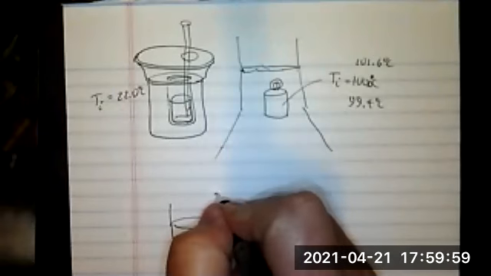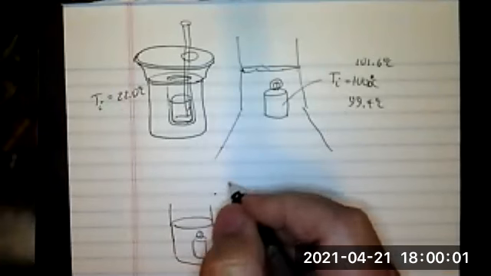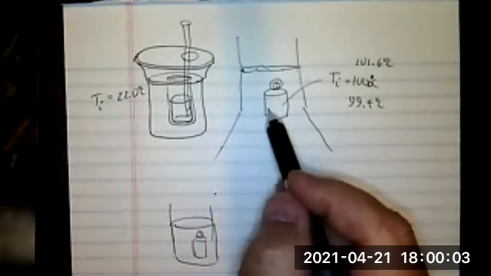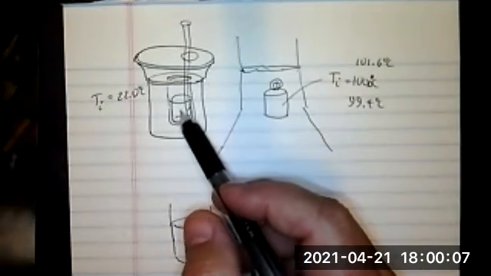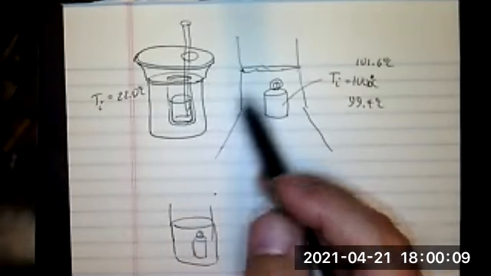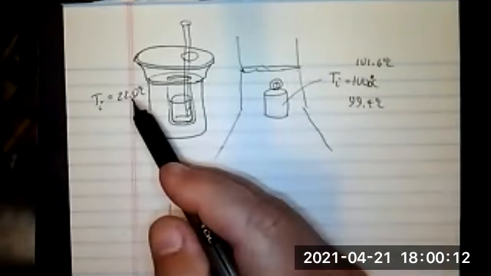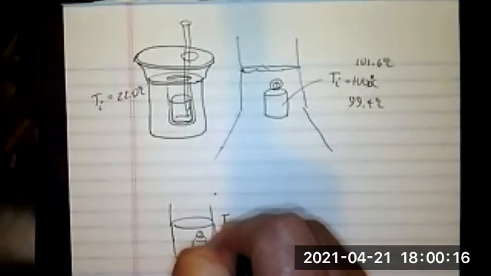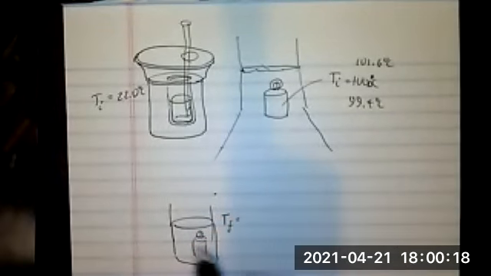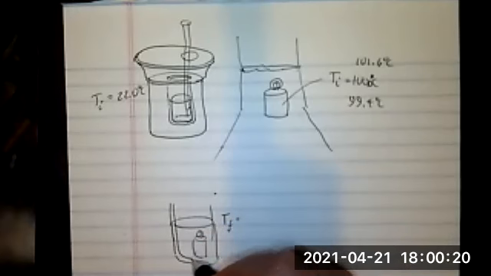Let's say this thing is about 40 grams and this water is about 60 grams of water. This is 100 degrees Celsius. This is 22 degrees Celsius. What do you think the final temperature will approximately be of the water after it's reached equilibrium and cooled the metal down from 100 degrees Celsius?